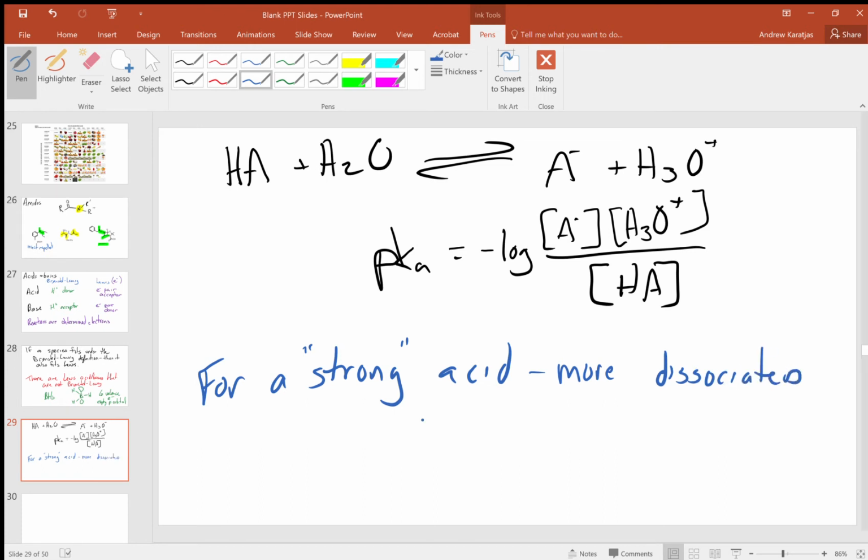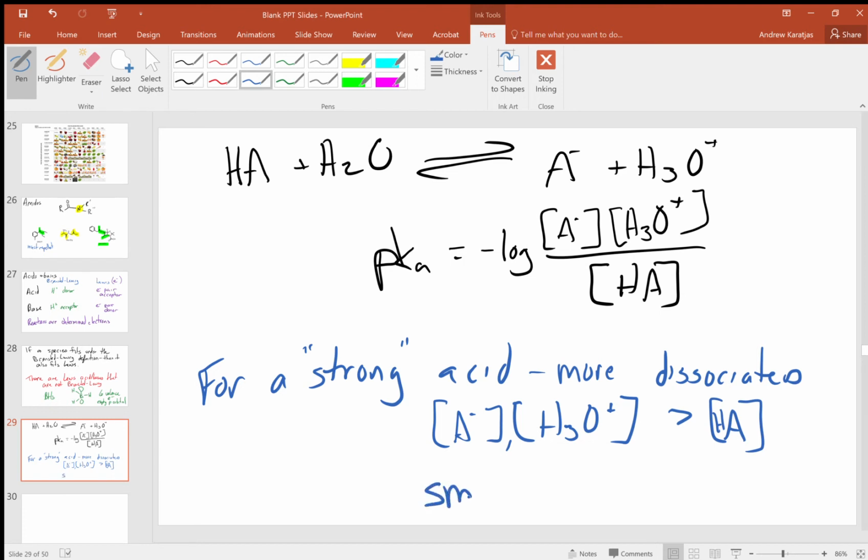If more of it dissociates, then A minus and H3O plus, the conjugate base and conjugate acid pair, are going to be in higher concentration than the acid itself. And that ends up leading to very small pKa's.